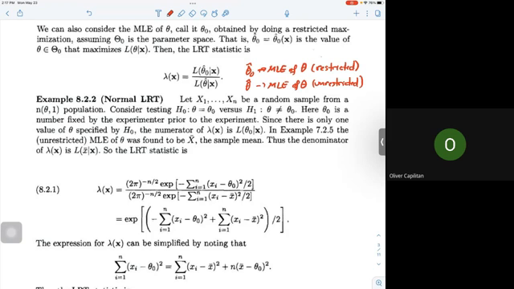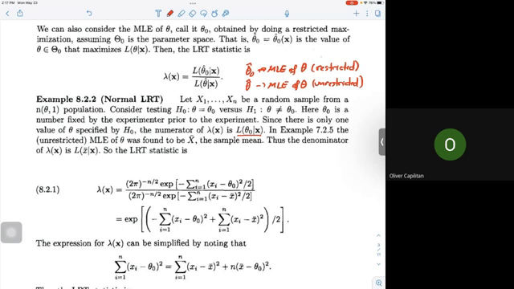That is why the numerator of our likelihood ratio test statistic will simply be this. No supremum at all, there is only one element in our null parameter space. Then we have here the likelihood function of theta sub 0 given x.